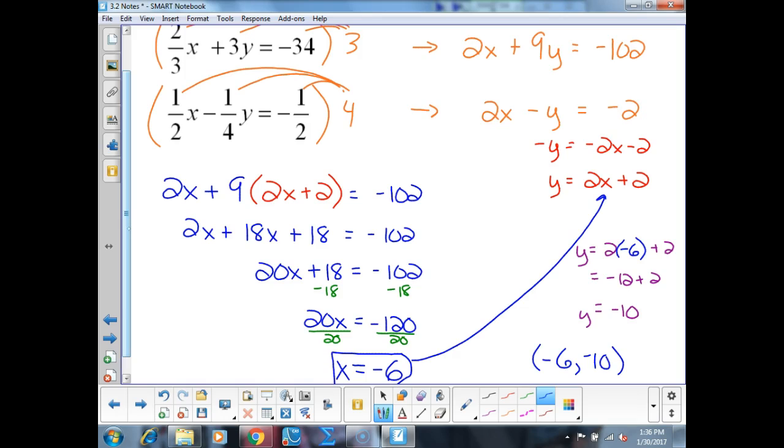Negative 3 minus negative 5/2 is like negative 3 plus 5/2, which is negative 1/2. Negative 1/2 is equal to negative 1/2. So there's my answer. Okay?